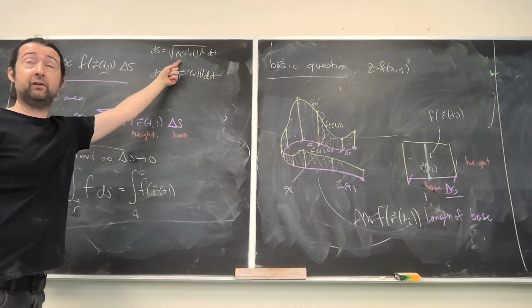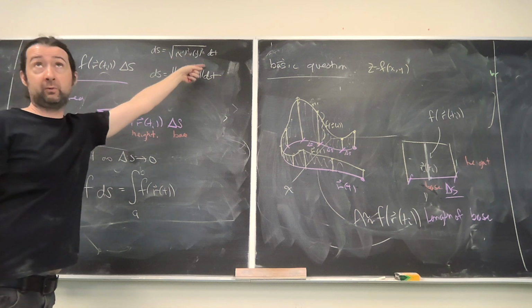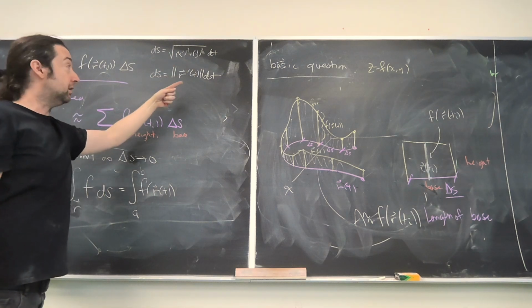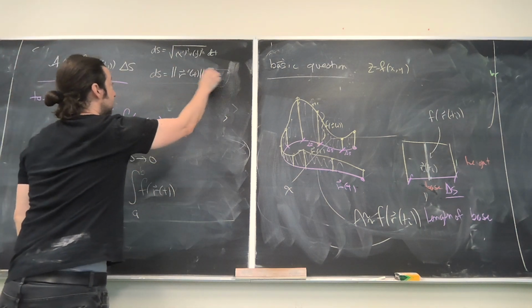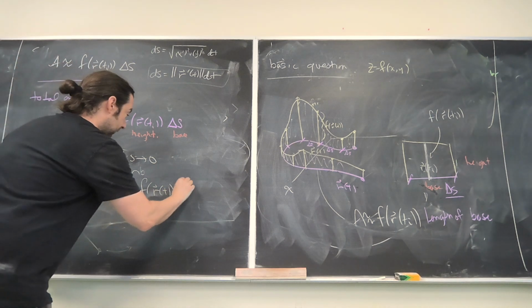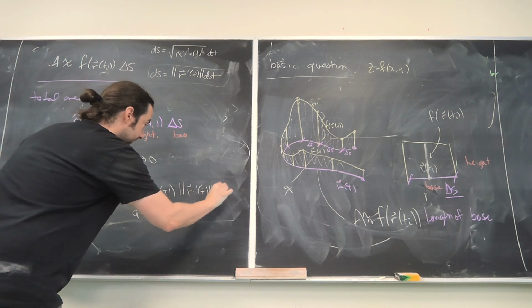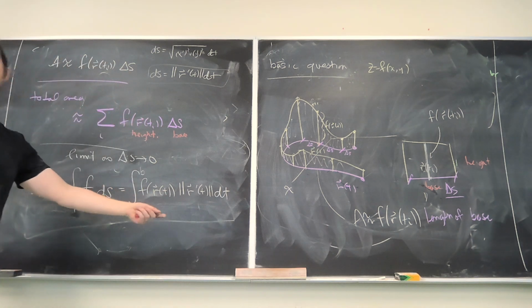The derivative of r is x prime, y prime, and its length is x prime squared plus y prime squared inside of a square root. So this is a convenient calculation representation for what ds is. And so when we want to calculate this integral, we write the length of r prime of t dt. And the two lines just mean the length of the vector.